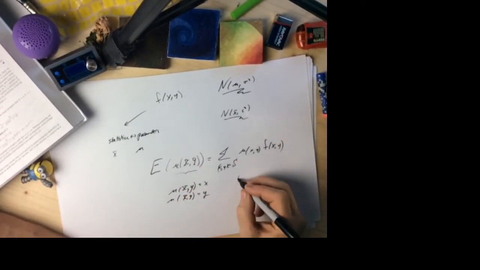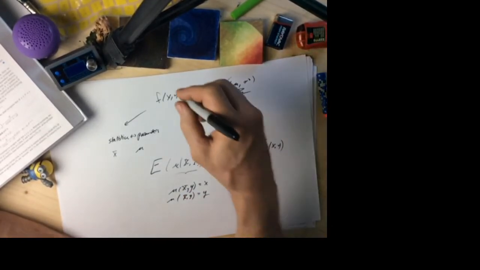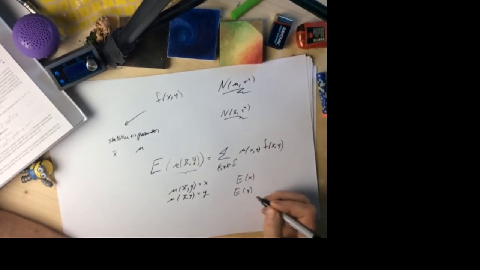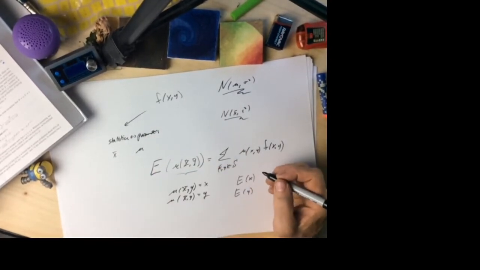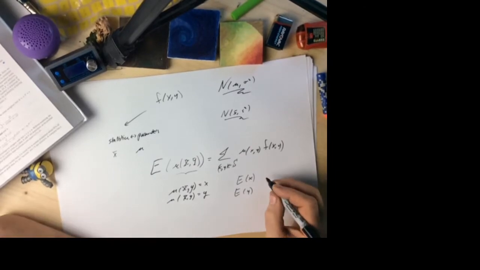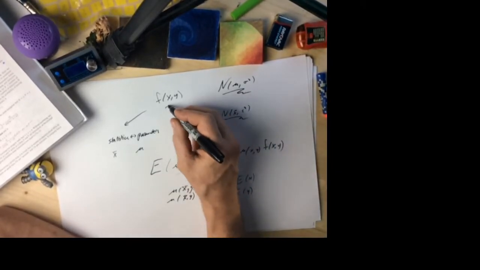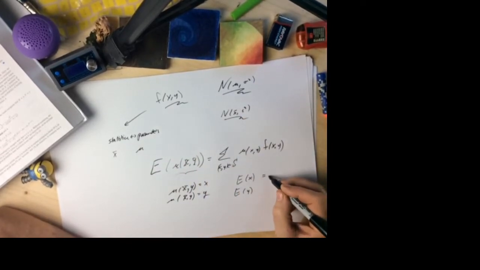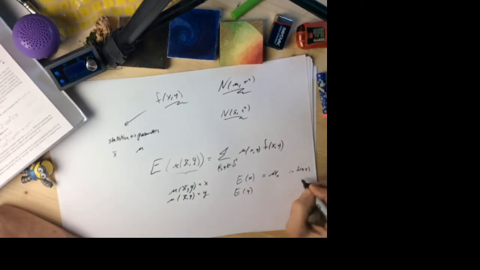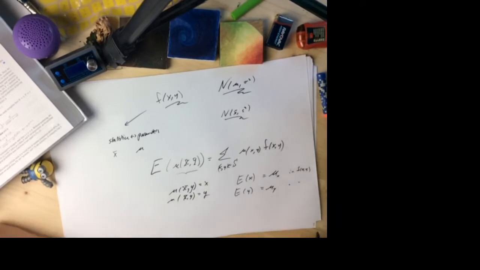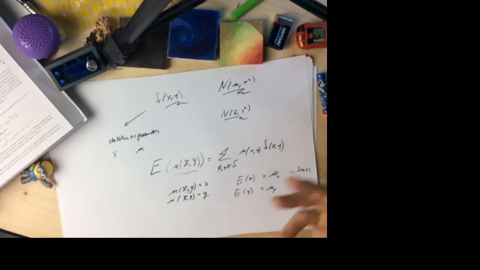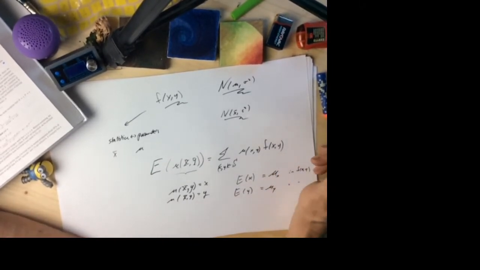And then this will look like the expectation of x under a joint distribution and the expectation of y under a joint distribution. So we need to have the setting done correctly so that if we know we have a joint distribution, this is going to be the mu sub x in the joint distribution and the mu sub y in the joint distribution. And so the x's and y's are happening simultaneously.